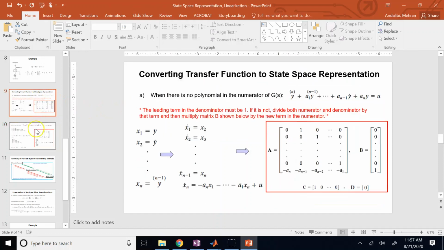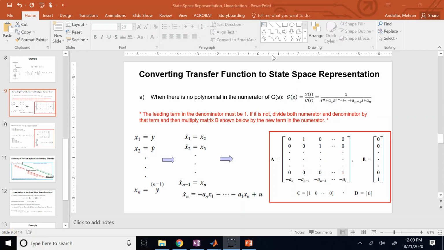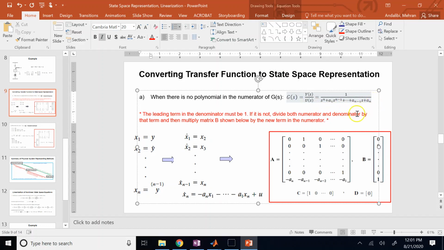Okay, so I'll explain that here. So in this case, the transfer function is simply 1 over s to the n plus a1 s to the n minus 1, and so on. Let me actually add that as well for you. So instead of the ODEs, I replace them with the corresponding transfer function, right? So here, this is the case that the leading term is 1, numerator is 1.